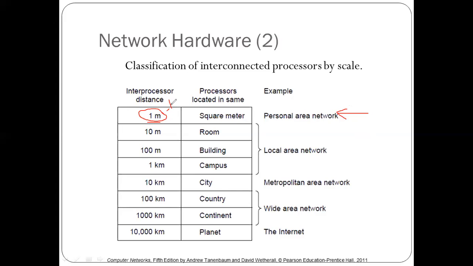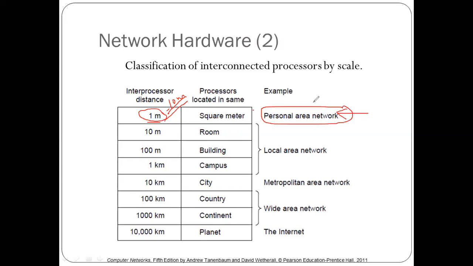But if we talk about Bluetooth, it could now reach up to 10 meters, right? 1 to 10 meters, we can say it can easily work over here. Range is increasing day by day as technology evolves. Here you can see it is limited to rooms.